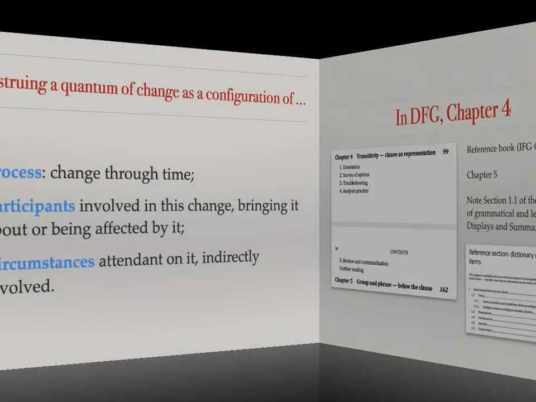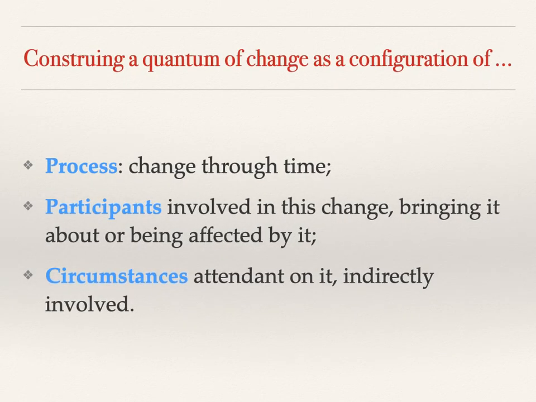Now, we've already seen that a quantum of change is construed as a number of elements. It's treated as an organic whole, and that organic whole is deconstructed into 3 different kinds of roles. The process represents change through time: is arriving, will have been going to experiment. Then participants involved in this change, bringing it about or affecting it. Compared with the process, participants are relatively more permanent.